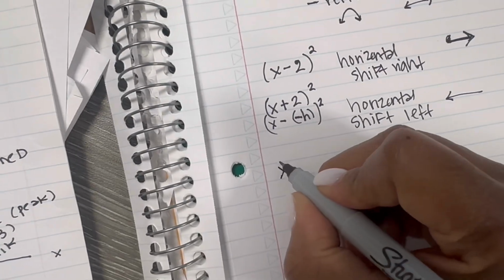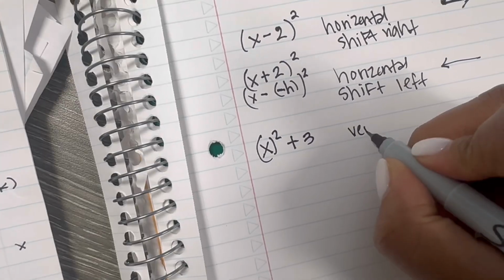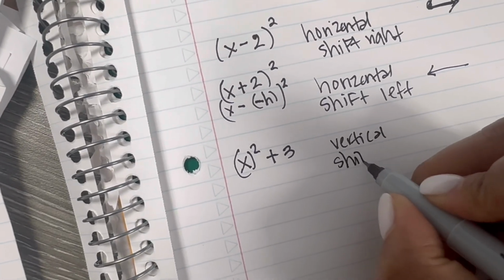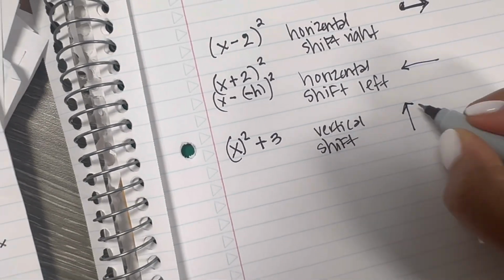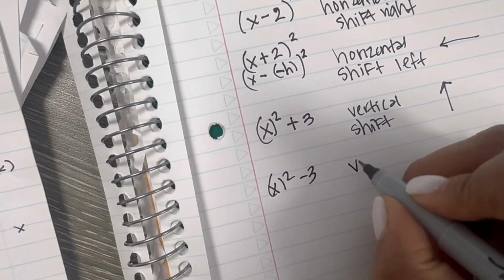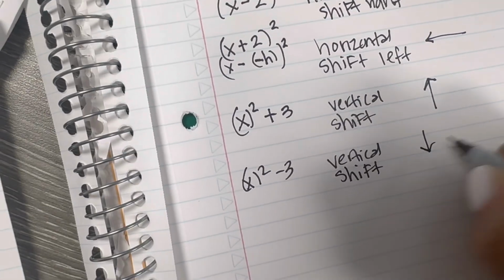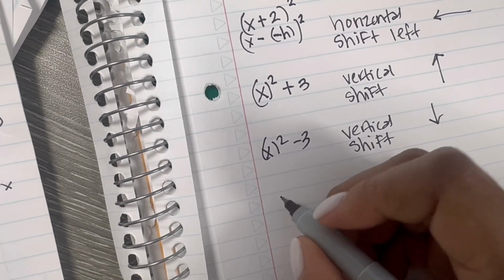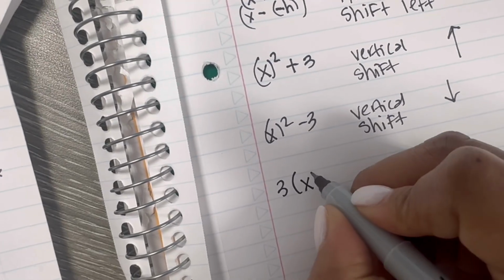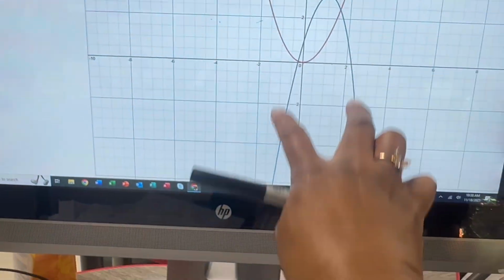If you see x squared and then plus 3, that's a vertical shift up. If you see x squared minus 3, that's a vertical shift down. If you see 3 times x squared, that means it got bigger, like it stretched more, got skinnier.